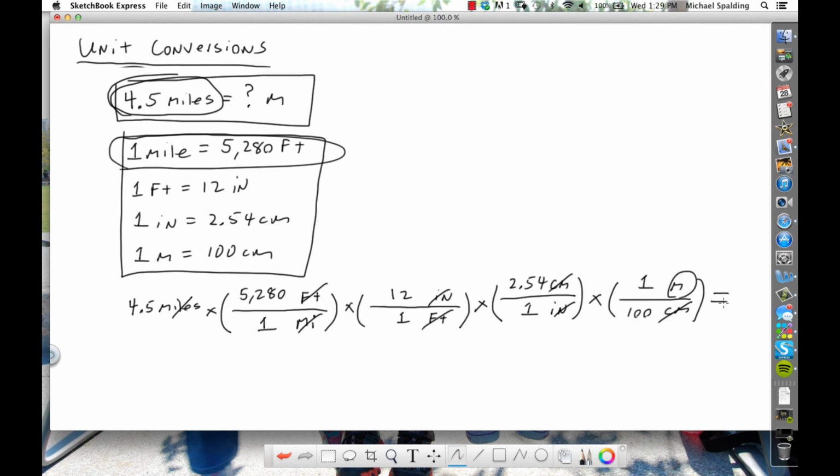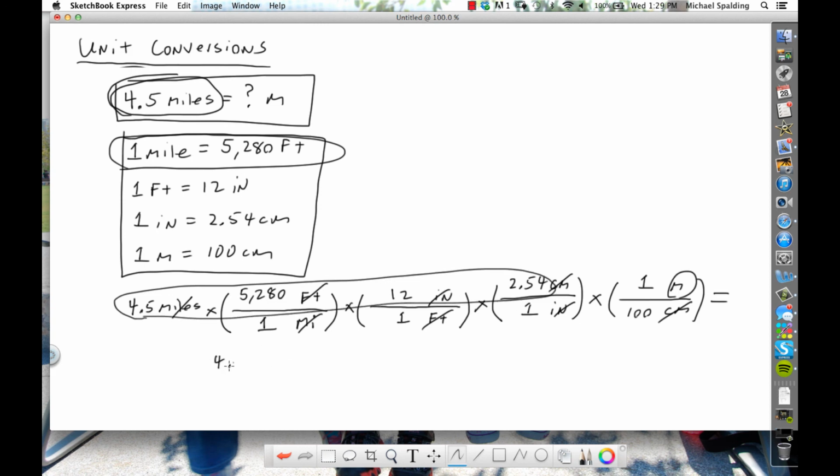Now, I know some of you are like, okay, so we get this far, and you're like, whoa, dude, how do we punch this into our calculator? It's pretty simple. Everything on the top gets what? Multiplied.